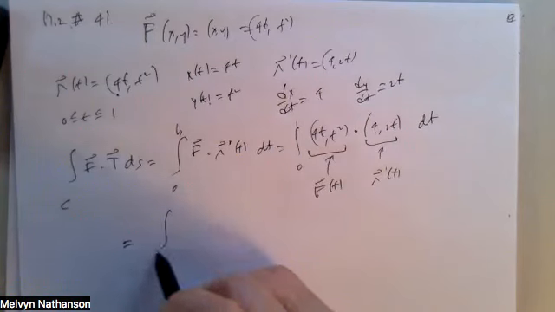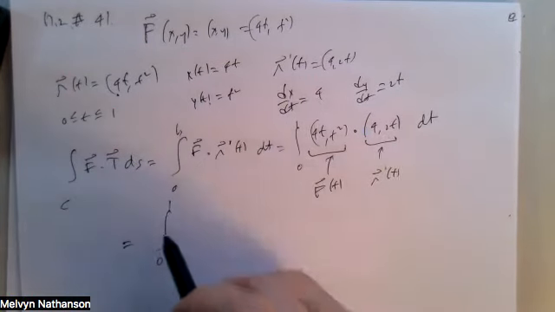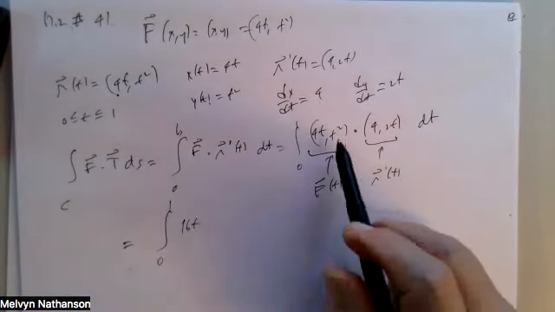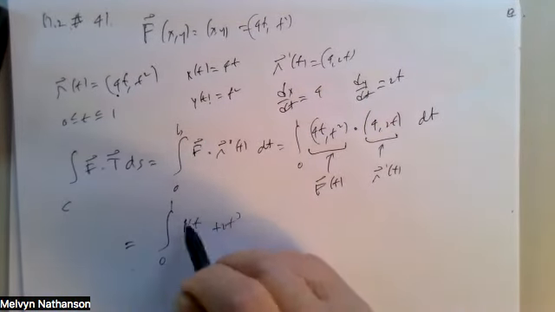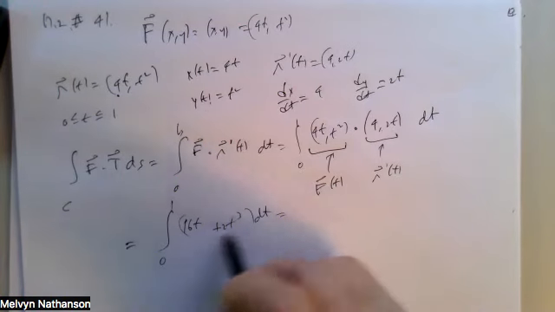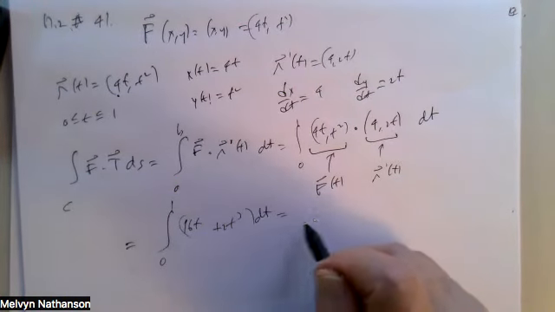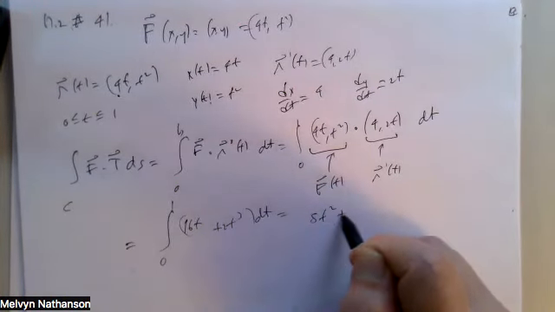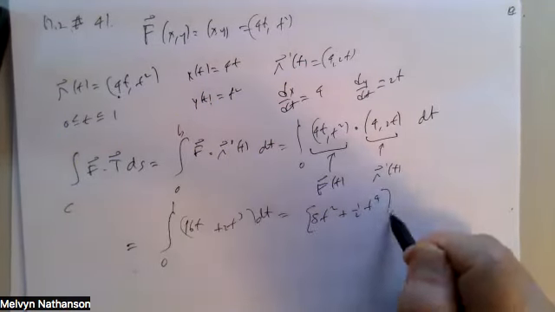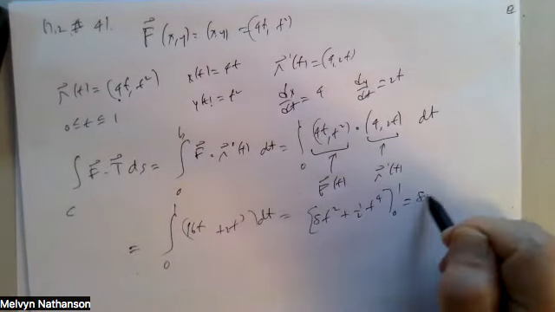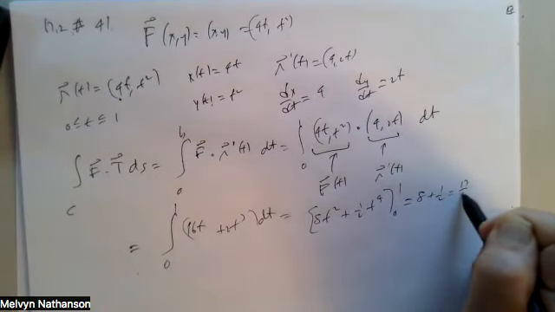If I take this dot product, 4t times 4 is 16t, t squared times 2t is 2t cubed, dt. This is just a simple integral to compute. This is 8t squared plus 2/4, or a half, t to the fourth, evaluated from 0 to 1, which is 8 plus a half, or 17 over 2.